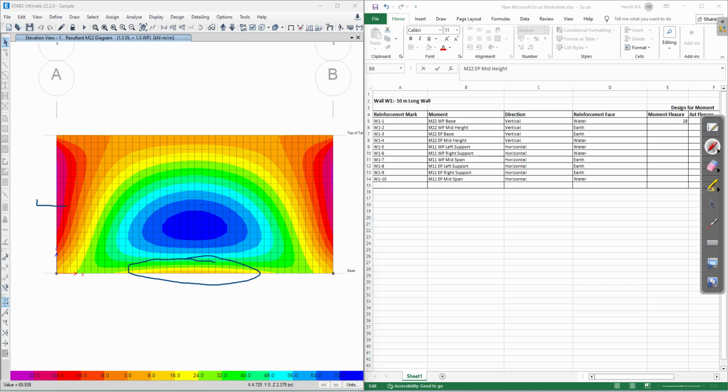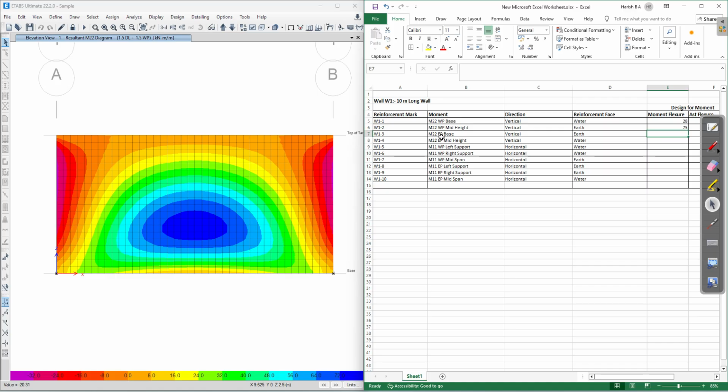Next, this is your mid height of the tank. So your tank height is 5 meter. Mid height means 2.5. Okay. So what is the moment at the mid height? I think it is almost 74, 75. So I will write it as 75.